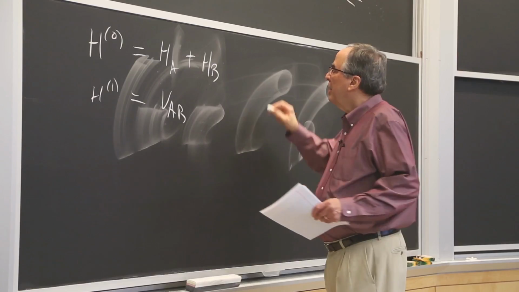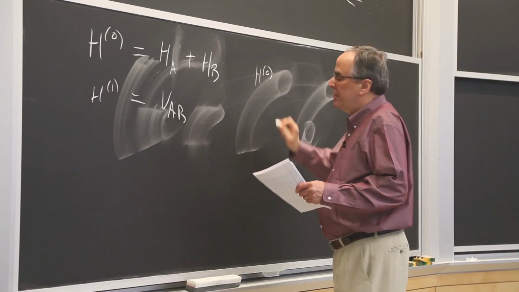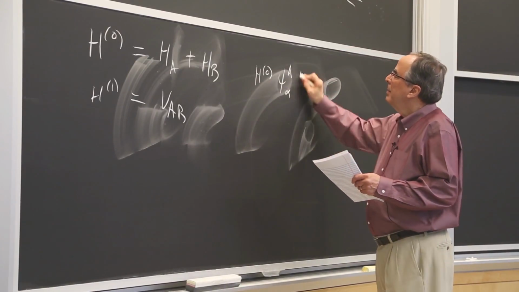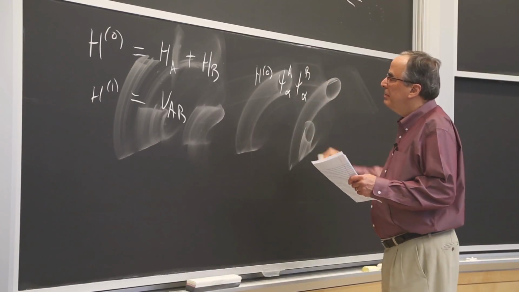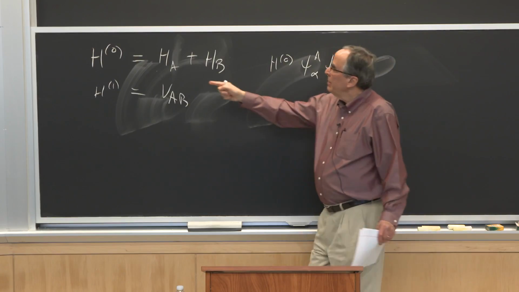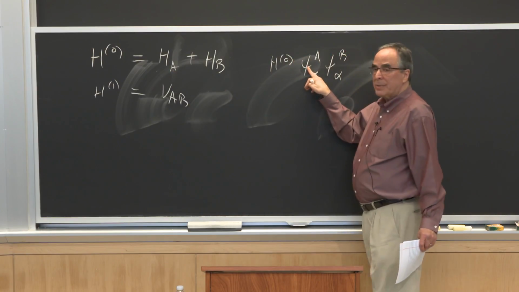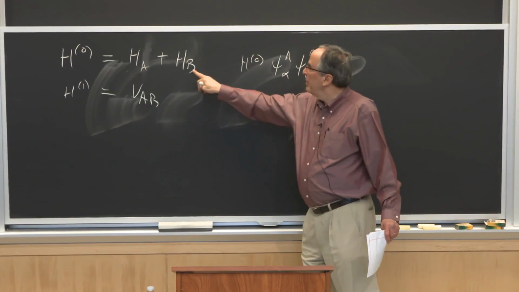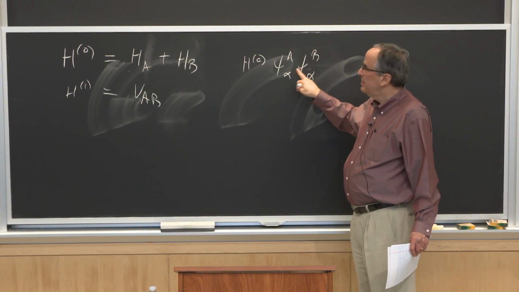So we can write H0 acting on psi A alpha psi B alpha. HA operates on psi A and treats psi B as a constant. HB operates on psi B and treats psi A as a constant.